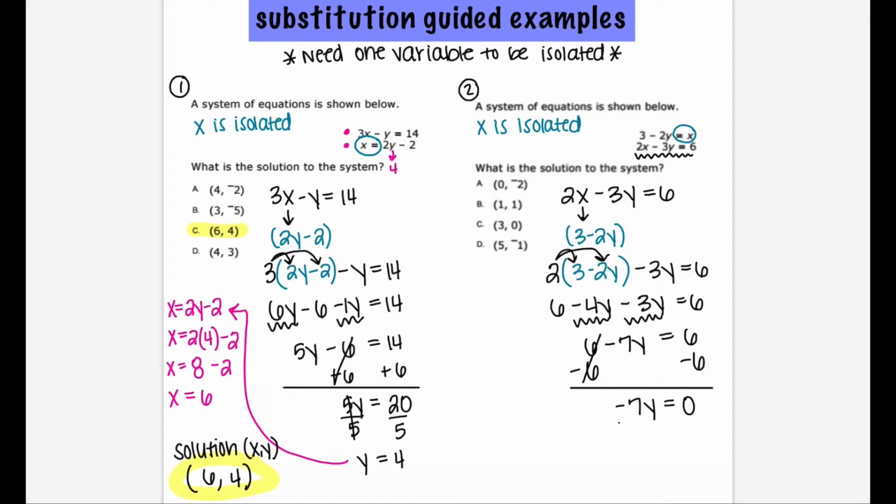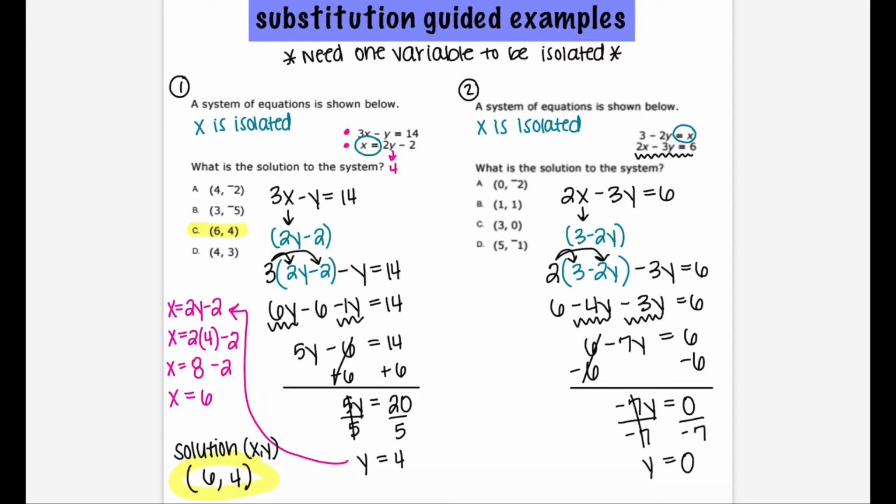That happens sometimes. But we've got to finish this out first, we can't just stop here. We've got to divide by negative 7 on both sides. Negative 7 divided by negative 7 is 1. So that gives us y equals. Now 0 divided by negative 7 is equal to 0. So now I know that y is equal to 0.